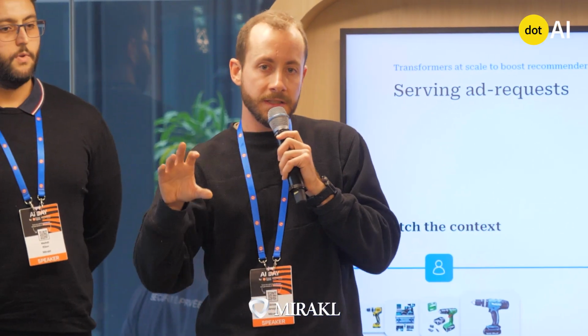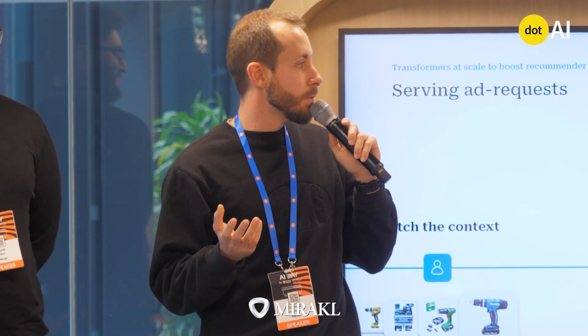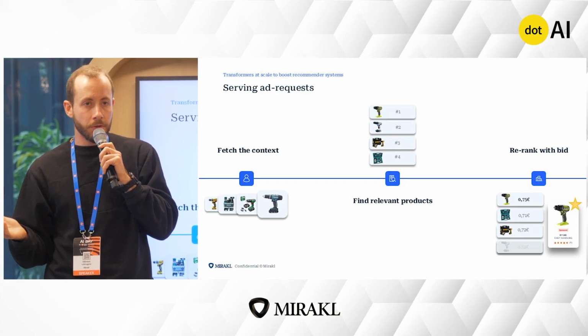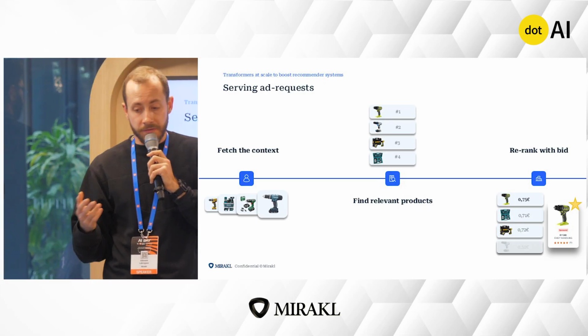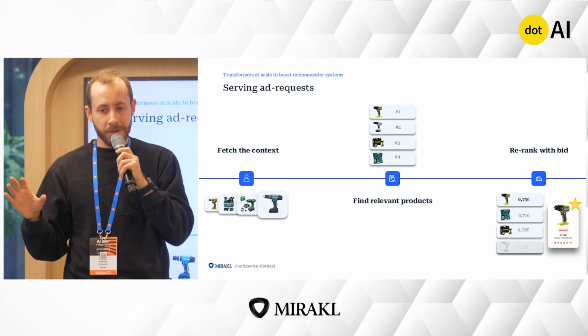Then once you get this kind of candidate products or recommendations that you want to make, usually we will nudge, reshuffle them slightly to take into account the product performance. So it can be, for example, the popularity of a given product, but also its virality, let's say. And as is tradition with ad tech, we also put the advertisers in competition.